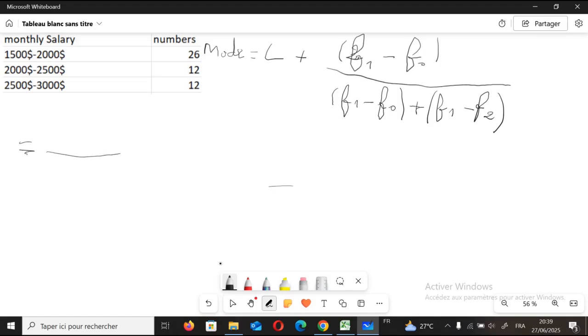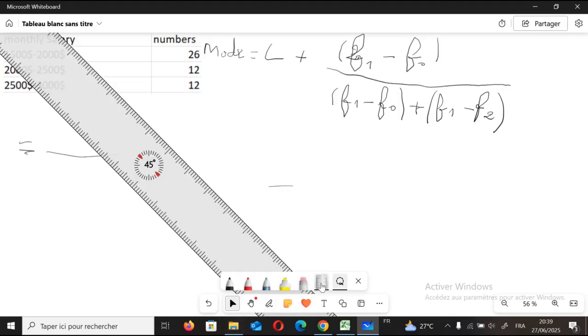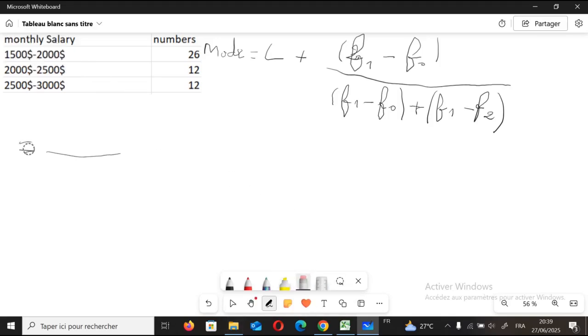No, sorry. Here we have the mode is the lower boundary of the modal class.